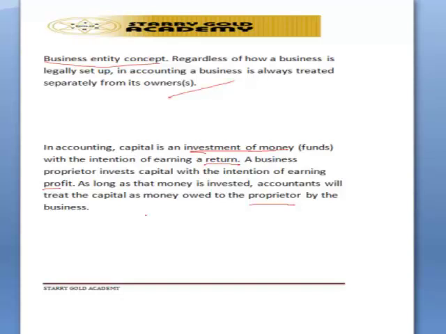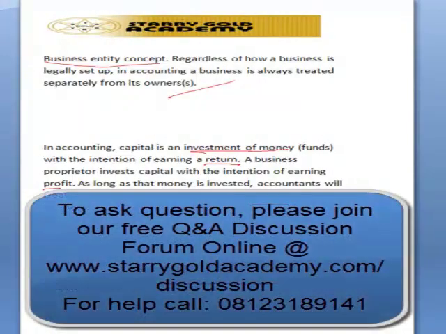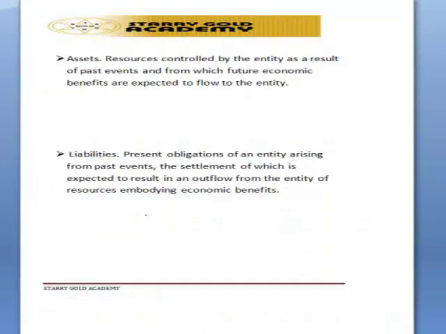Now let's quickly look at the components of the accounting equation: assets and liabilities, and their recognition according to accounting standard IAS 1. This definition is based on IAS 1. So let's look at what assets are. Assets are resources controlled by the entity. Now look at the word control.